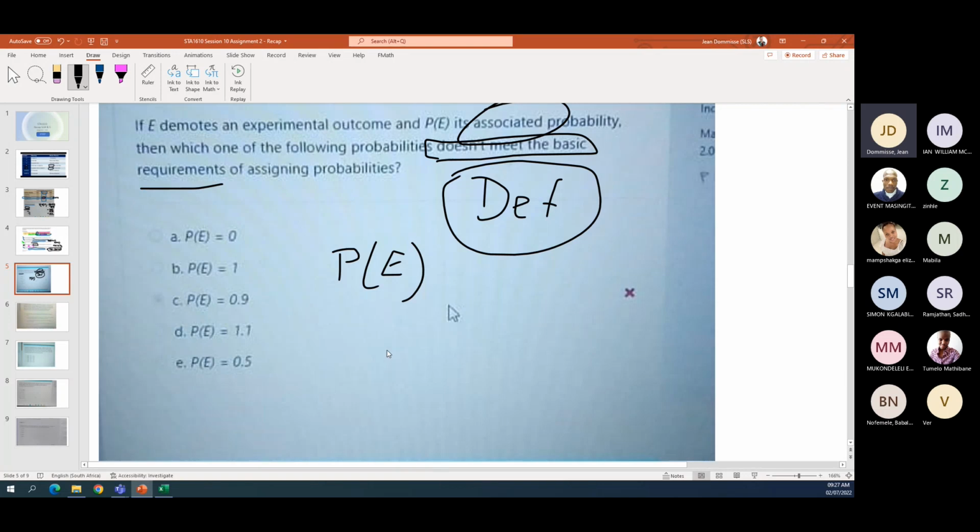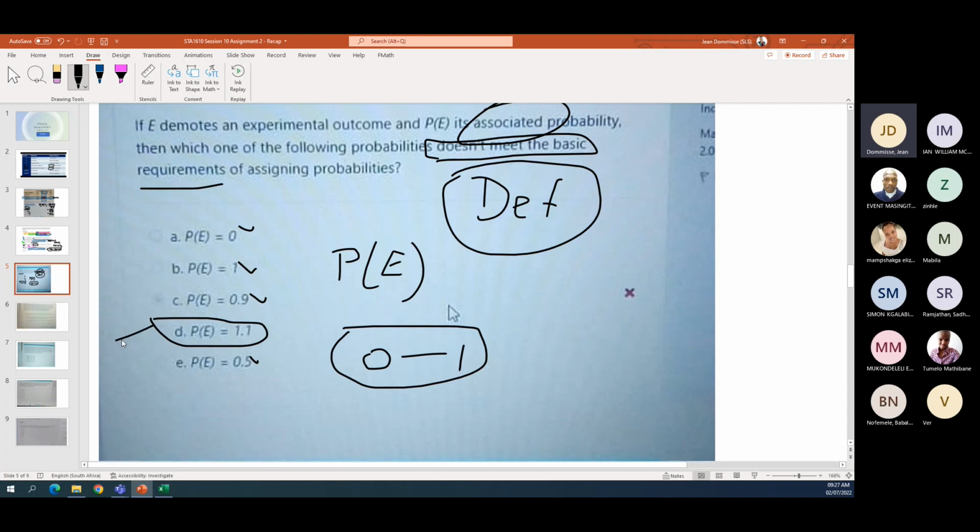Okay, so we know any probability is from 0 to 1. So you just needed to look at which one is not from 0 to 1. That's 0, that's fine. That's 1, that's fine. 0.9 is still smaller than 1. 0.5 is too. So the one that can't be a probability is 1.1, because that is more than 1.